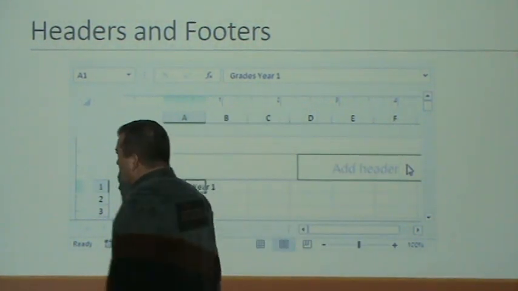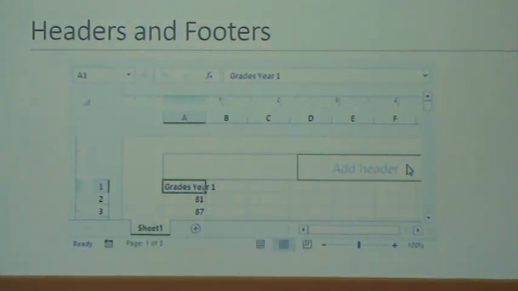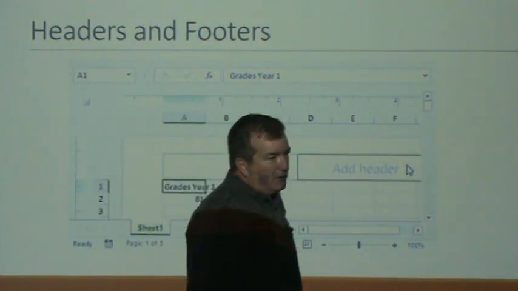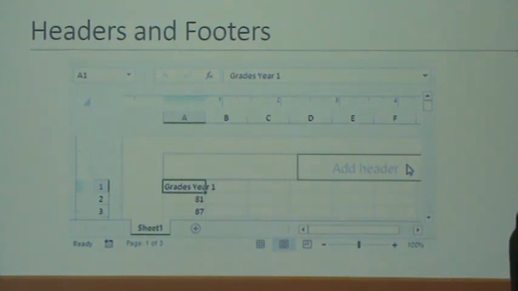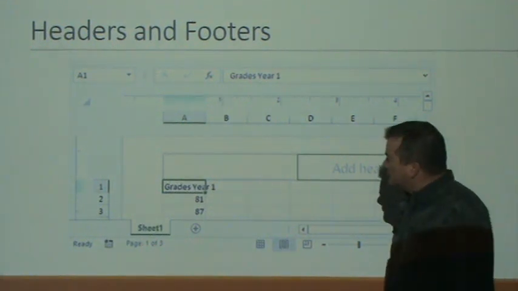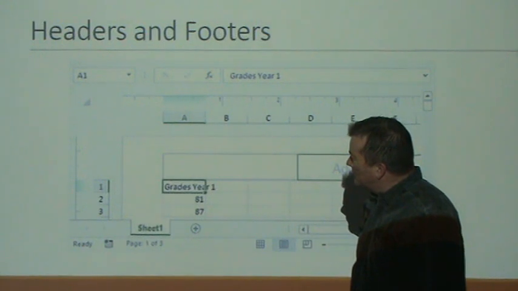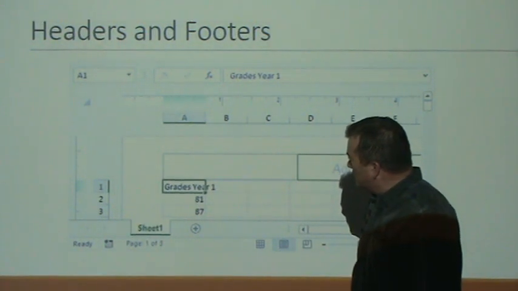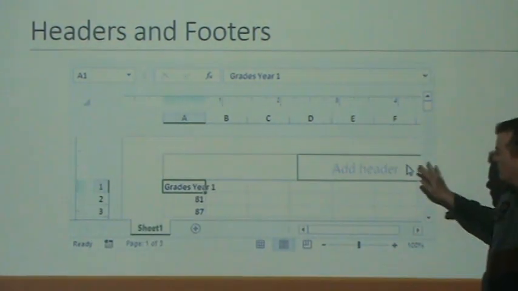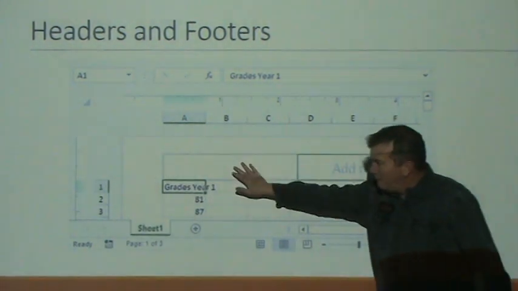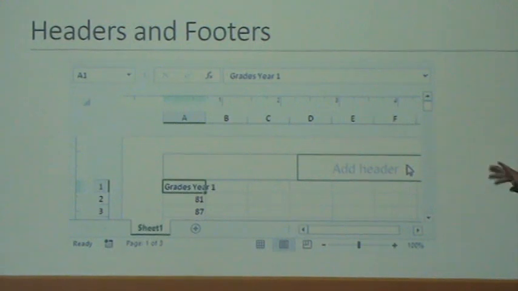Okay. Then also there's headers and footers. So kind of like Microsoft Word, there are headers and footers, but the headers, you can go to click on a header, and what it will do is give you 3 boxes, the left pane, the center pane, and the right pane, which we can't see here.